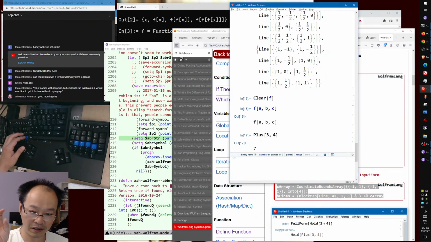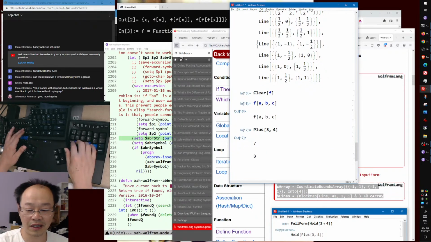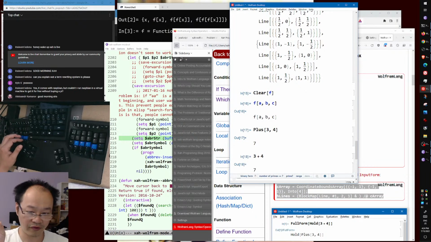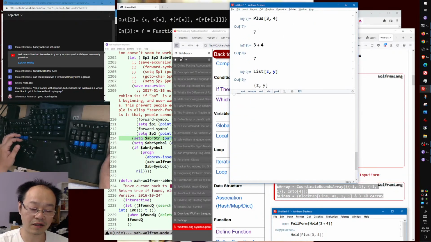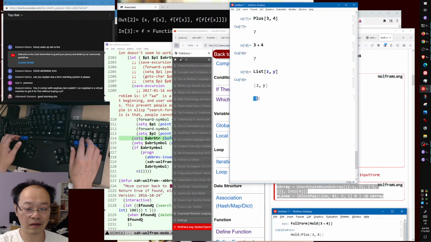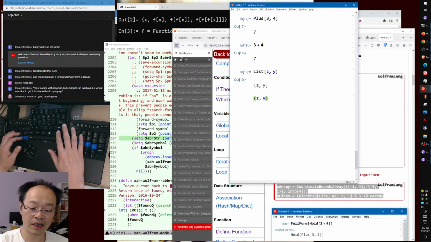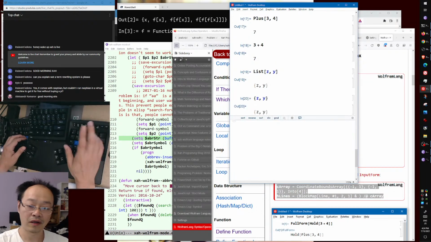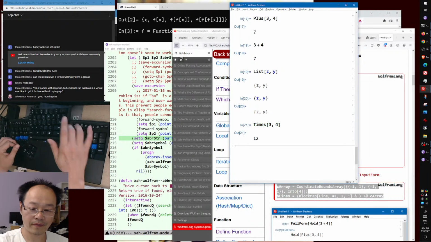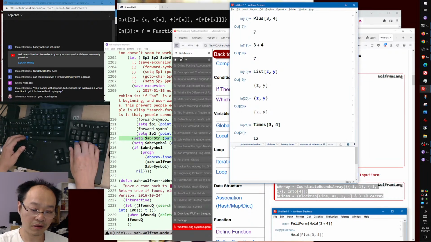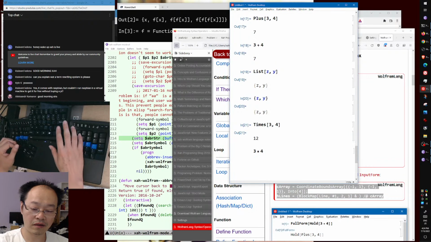However, for this function Plus, there's a shortcut syntax, so you can do 3 + 4. Same thing with List: List[x, y], that's a list of 2 items. That's the full form, but there's a shortcut for list, so you can write it this way. Same thing with multiplication: Times[3, 4], that's multiplication, 12. Another way to write it is just 3 * 4.